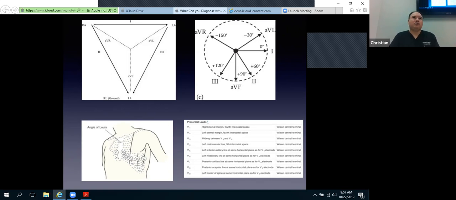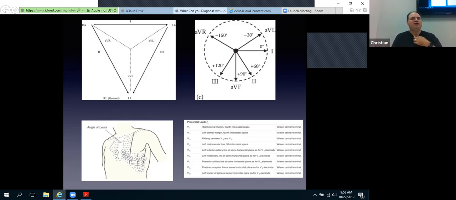So guess which lead we don't pay as much attention to? V3. With few exceptions, its R wave, S wave component is an important part of diagnosing left ventricular hypertrophy because it's right over that junction. So that's why it's used that way.